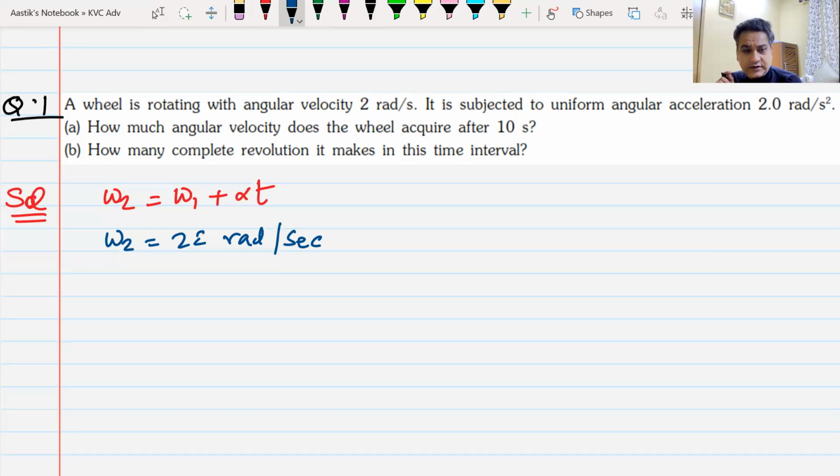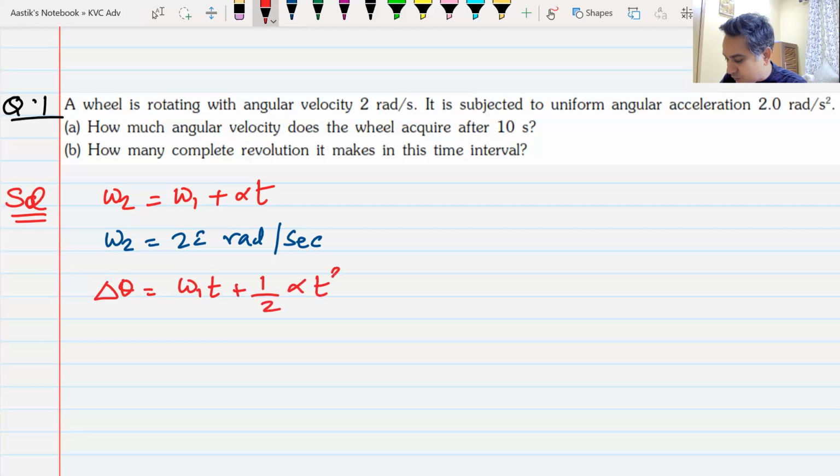How will you get the complete revolution? For that, you have to find out the angular displacement. Omega 1 t plus half alpha t square. You can put the values of omega 1 and alpha and you will get the angular displacement. How much is the angular displacement coming as?